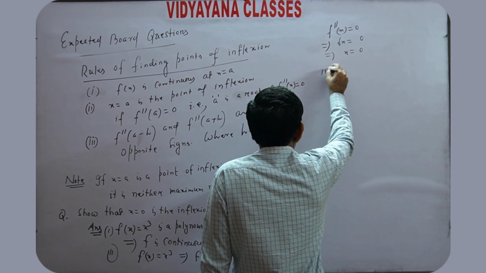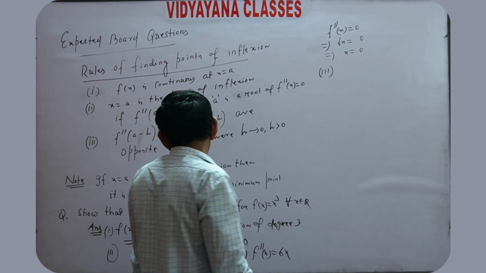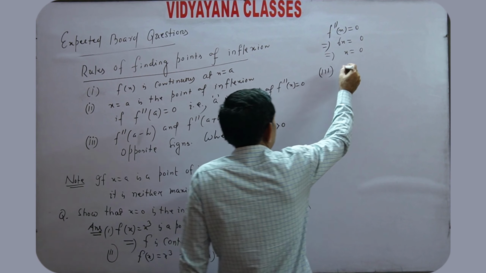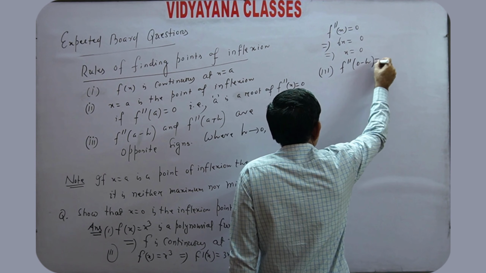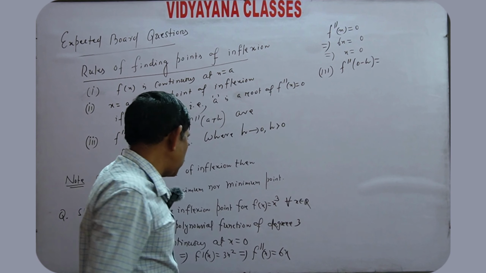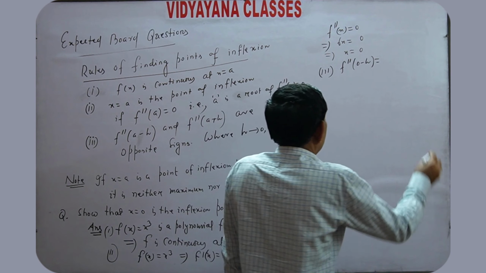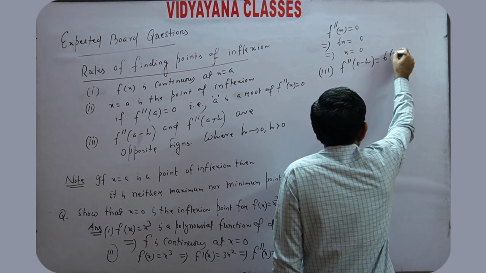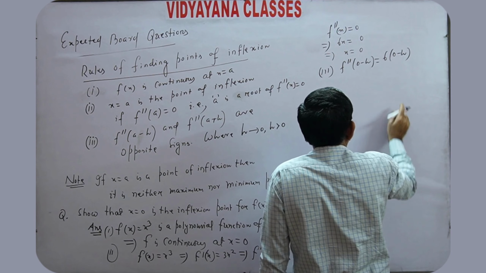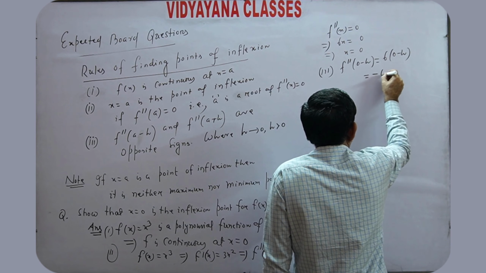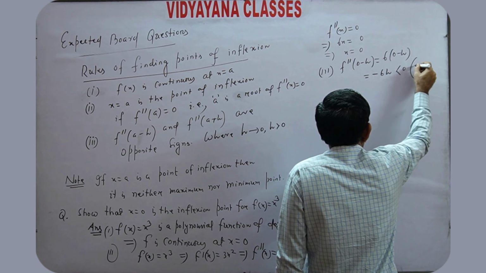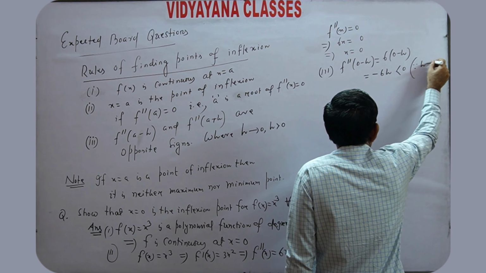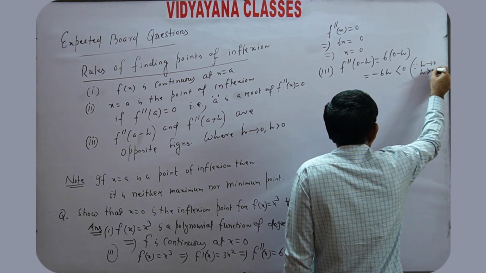Third condition, f double dash (0 minus h). f double dash is equal to 6x, so 6 times (0 minus h) is equal to minus 6h, which is less than 0 as h tends to 0, h greater than 0.